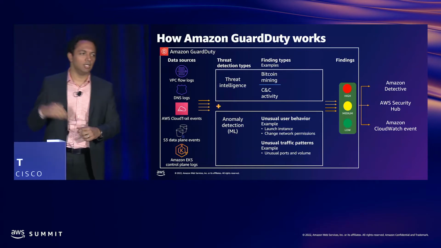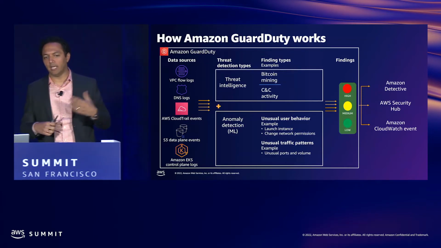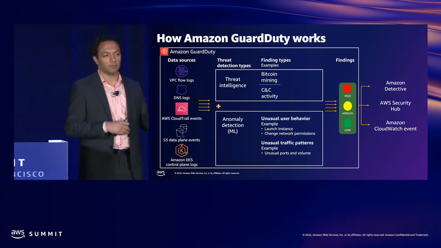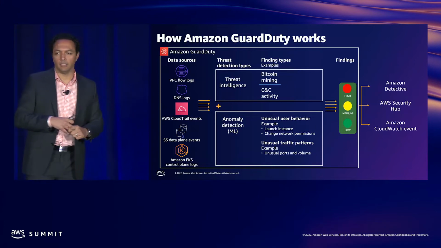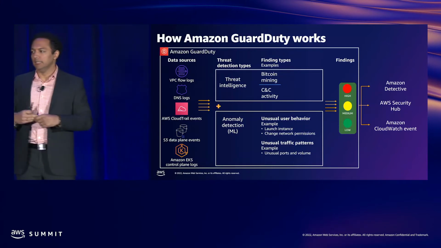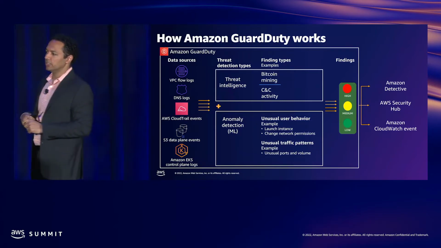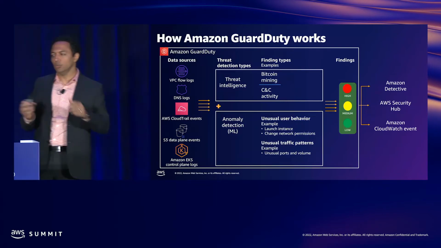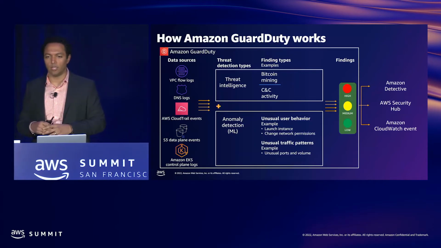Any matches to that threat intelligence, so for example, if we see an IP address or a domain that has been reported in command and control type activity, or has been reported as a bad malicious URL or a known bad entity, we will report that as a finding. The second is where GuardDuty is using the machine learning engine, learning what the usual behavior is and then reporting any unusual API or other unusual activity.